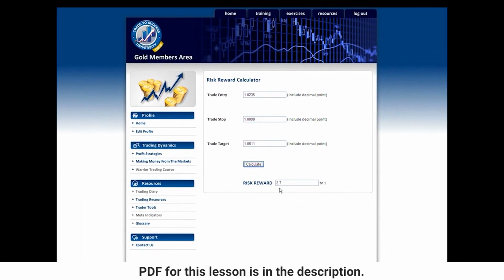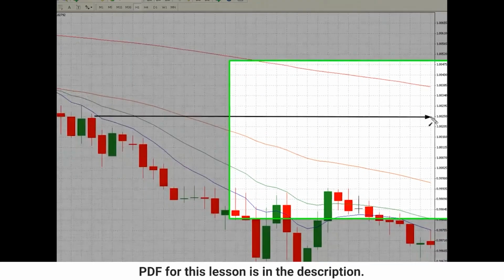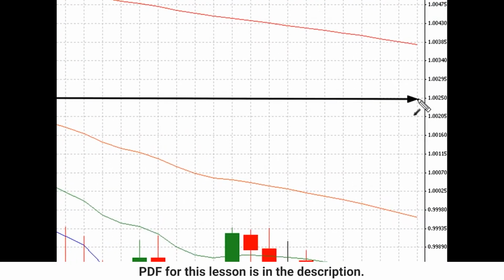Let's quickly go over another example. So this is US dollar against Canadian dollar. It's the hourly time frame. Let's say you entered at this price here, which is 1.0025.